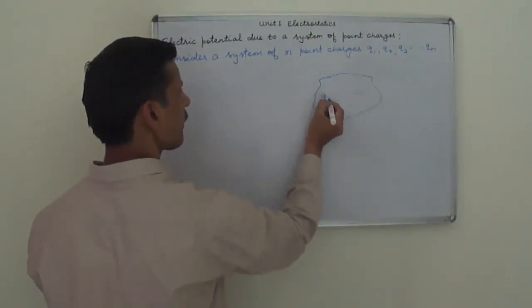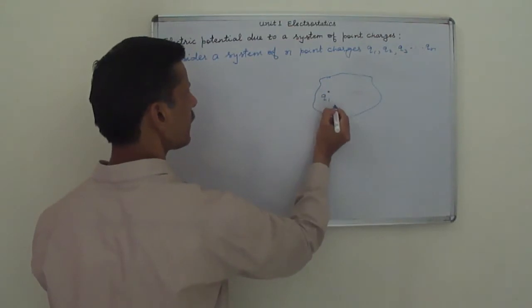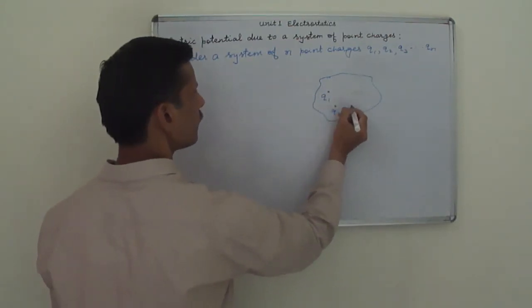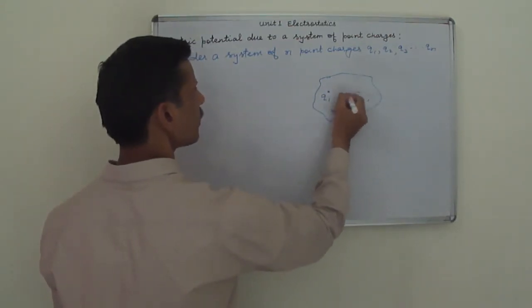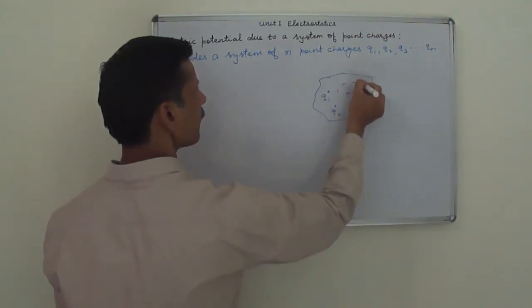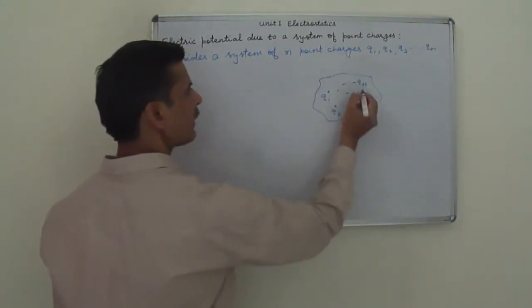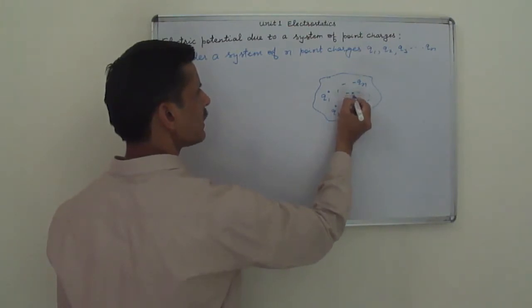Say this is a system of n point charges, and say this is the ith charge Qi.